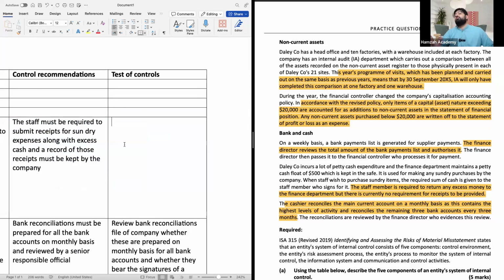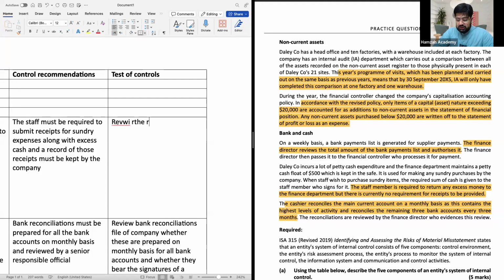Now, assuming it is implemented, how do we test that it is happening? We are the auditor and the company is implementing that, so what should we do? As an auditor, review the record of sundry cash issued for a sample of employees and verify the receipts have been returned by them along with the excess cash.